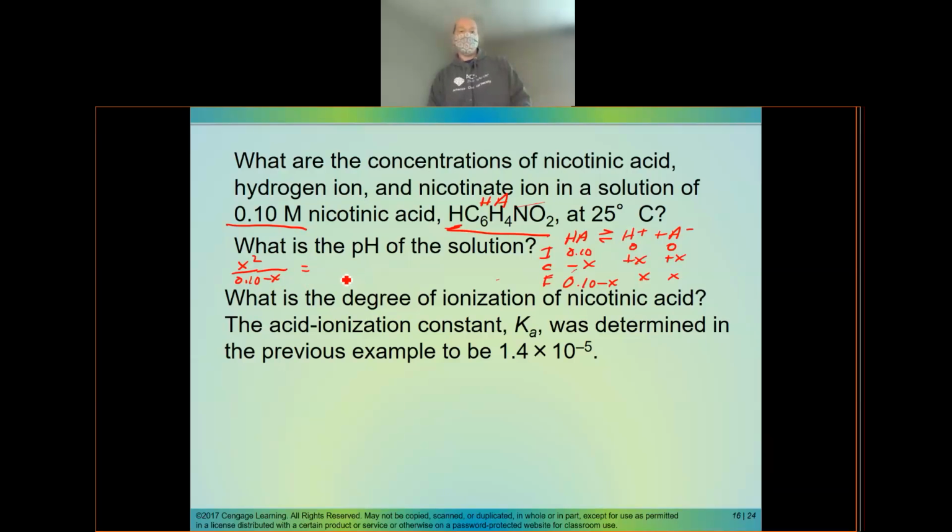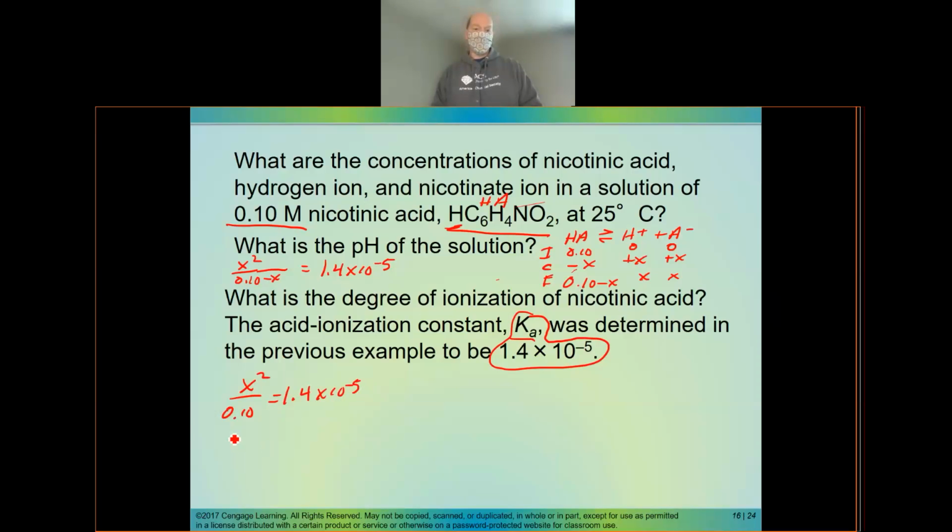The Ka we just calculated in that problem. This is the same acid that we had in that last problem, and when we calculated that Ka, it was 1.4 times 10 to the minus 5. So minus 5 is very small. We neglect the X, and you end up with X squared over 0.10 is equal to 1.4 times 10 to the minus 5.